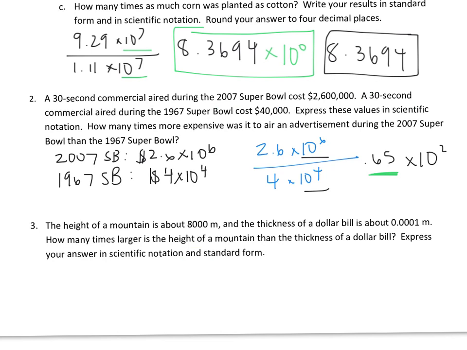This number here has to be between 1 and 10, so I need to move this decimal place over 1. So that becomes 6.5. And since I went 1 to the right, that makes my exponent go down 1, to 10 to the 1st. So 6.5 times 10 to the 1st, or this would be 65 times more expensive, which is quite a bit more expensive to air a Super Bowl commercial in 2007 than 1967.